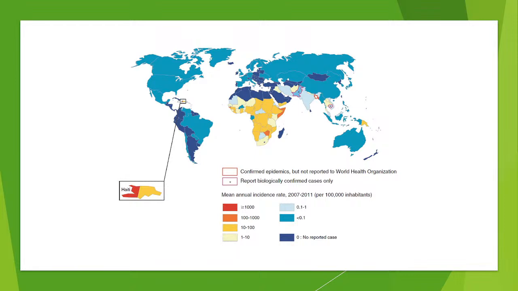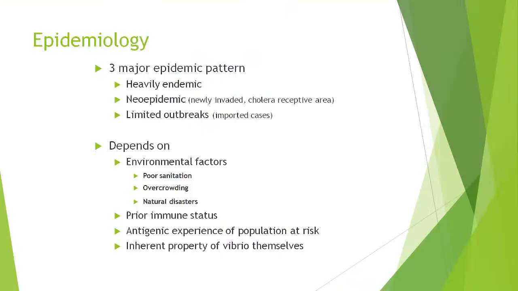So the African continent, the Asian and Indian subcontinent, this Bangladesh here, all these areas are the classical pandemic involvement of Vibrio cholerae cases.